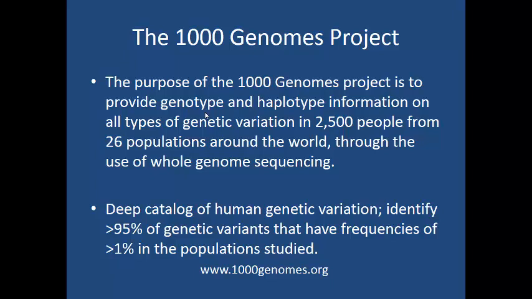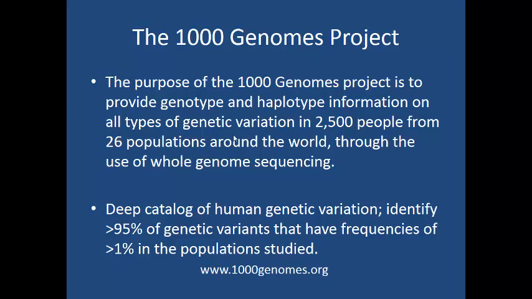So instead of just looking at the typical populations, or the first populations that the HapMap project looked at, for example, like a Caucasian population or an African population, this has expanded the genetic interrogation into many different populations from around the world.